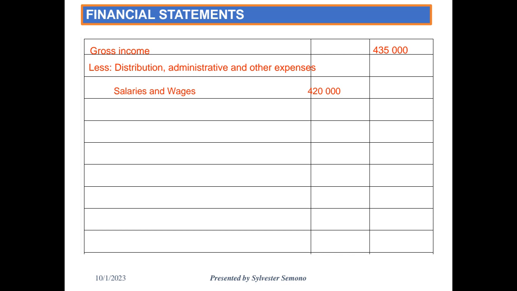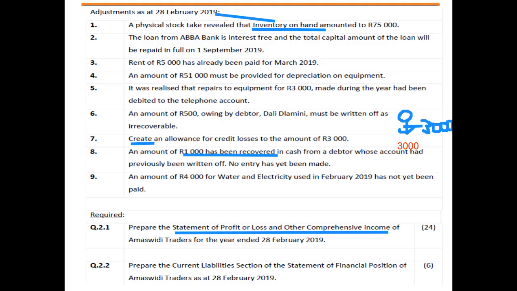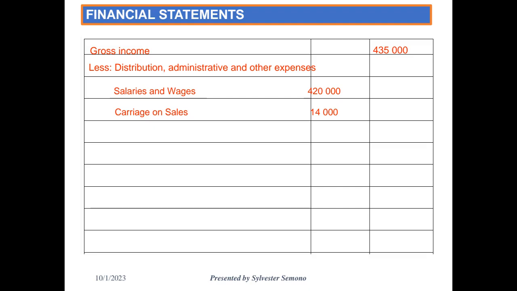Any adjustment? There's no adjustment. There's no adjustment about carriage on sales, so it means we cannot adjust anything. It means that one is covered. Can you see how we deal with them? Tick that one so that we cannot use it again.